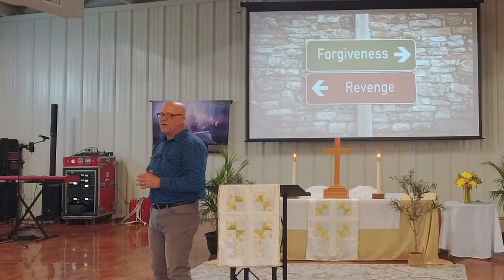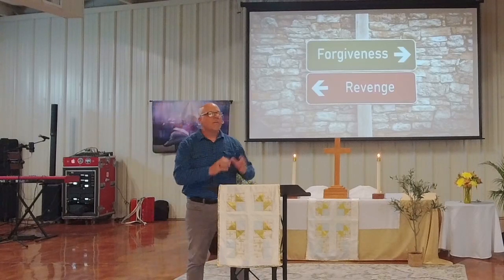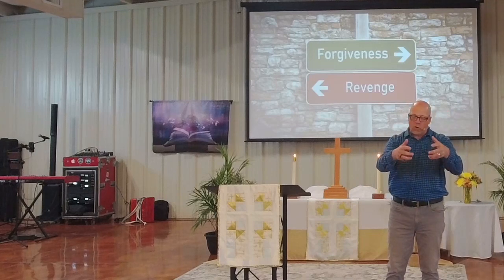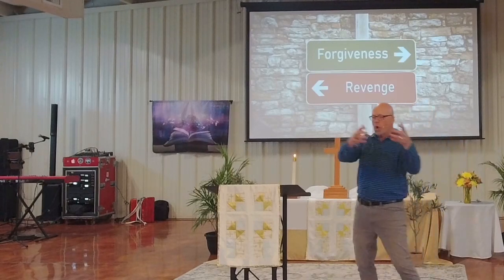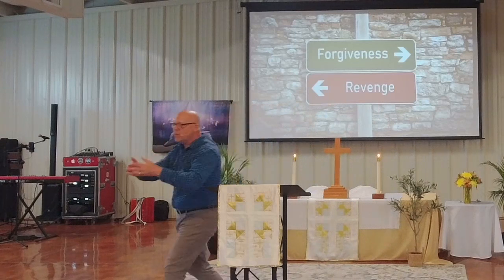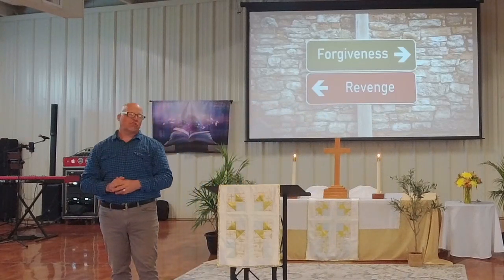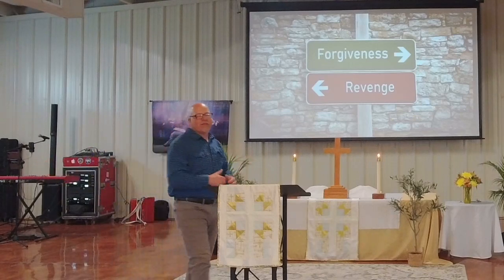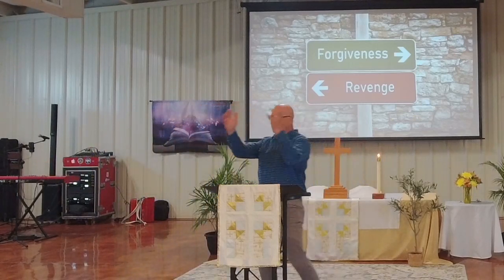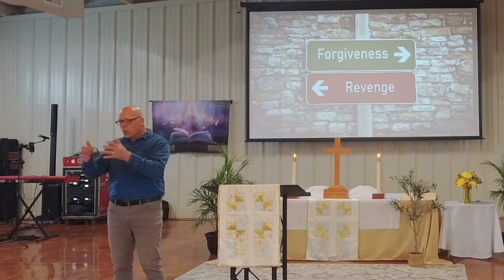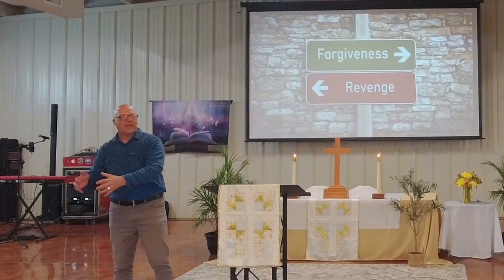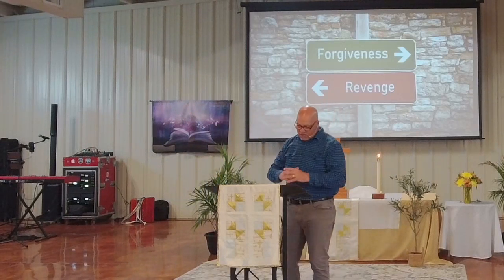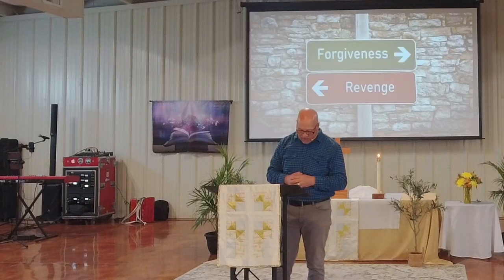And the whole idea was, according to the Mosaic law, if someone wrongs you, you have the right to wrong them back or to punish them back in proportion to the ways in which they wronged you. So the law is on David's side. And what's really, really clear is that Saul has tried to kill David. So David, according to God's law, has every right to exact vengeance upon Saul. So that's what's going on here, and this is the dilemma.